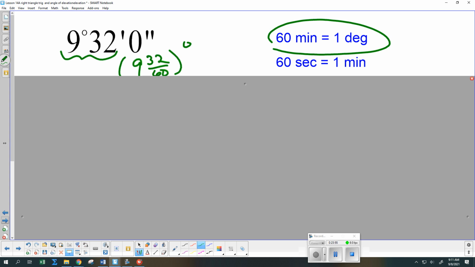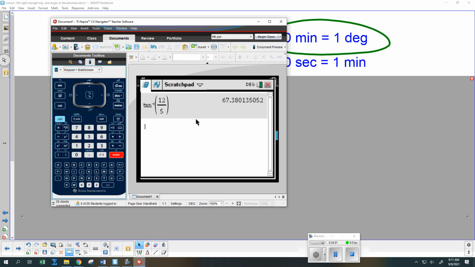However, if I wanted to enter 9 degrees 32 minutes, a much faster way of doing that would be to say, let's suppose I want the sine, just because it's the first one, of 9 degrees. I'm going to do the 9, and then if you push the pi button, see a little circle for degrees?